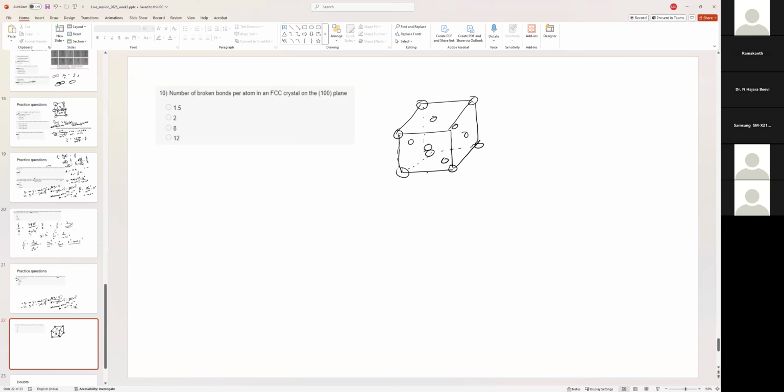Okay, so there are 100 planes. So this is your X, Y, and Z. So this is a 100 plane. This is in the front. So if you draw it, this is how it will look.